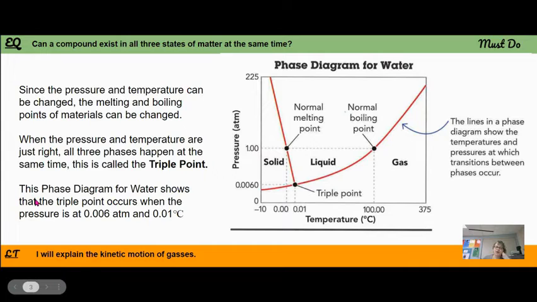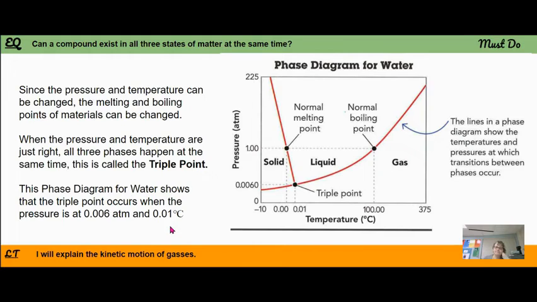So we can use these phase diagrams to figure out different temperatures and different pressures for materials. So this phase diagram for water shows the triple point occurs when the pressure is at 0.006 atmospheres and 0.01 degrees Celsius. So pretty much close to zero.